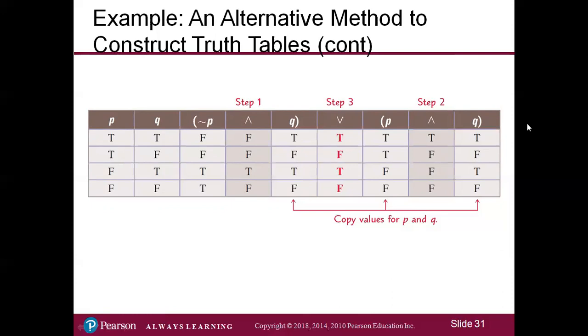Then we have to skip over that or symbol in the middle, write down a P, write down a Q, write the information right below it, just copy the values over. Again, conjoin the P and the Q, so we have P and Q, the conjunction.